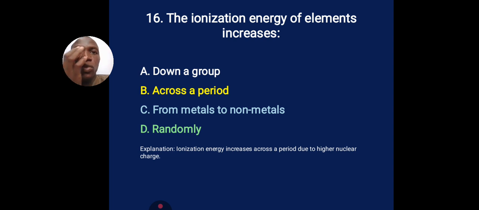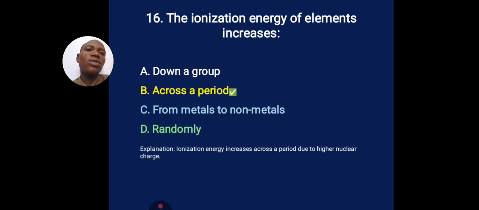So what this means is that it will be easier for you to remove an electron from sodium than from magnesium, because magnesium has more protons in the nucleus than sodium.